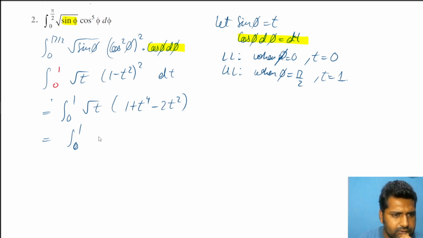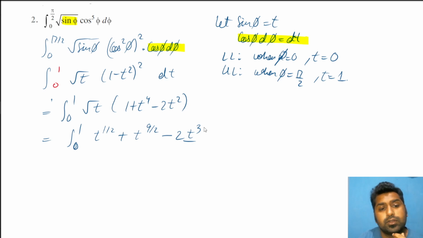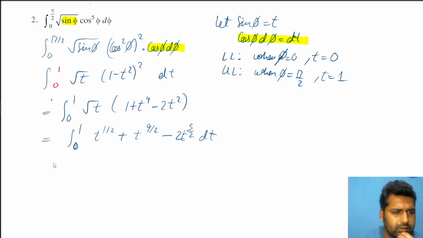Okay. So root t means t raised to power 1 by 2, plus 1 by 2 plus 4, 9 by 2. Minus 2 t raised to power... No, sorry. I have to multiply now first. 1 by 2 plus 2 by 2, so 5 by 2. 2 t raised to power 5 by 2 dt. Now let's integrate.